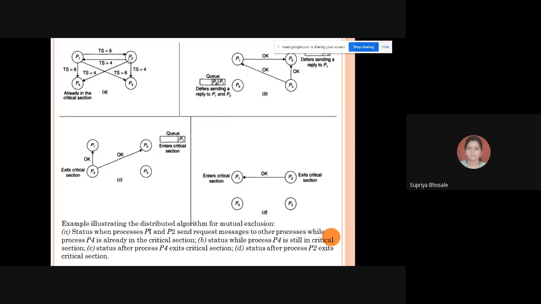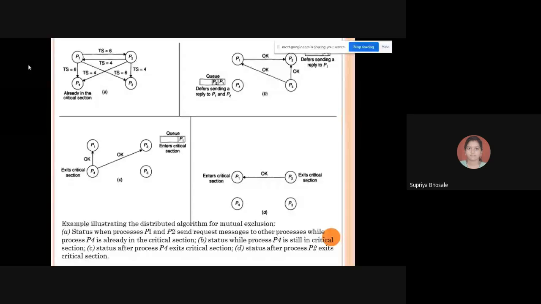So to get the permission from other processes, P1 and P2 will send the request message with the timestamp 6 and 4 respectively, which is shown in the figure over here. तर या ठिकाणी कंडिशन मी काय दिलेली आहे की P4 ऑलरेडी क्रिटिकल सेक्शन मध्ये आहे आणि P1 विथ टाइमस्टॅम्प ऑफ 6 आणि P2 विथ टाइमस्टॅम्प ऑफ 4 या दोघांनाही क्रिटिकल सेक्शन मध्ये जायचं आहे. P3 ला कुठल्याही क्रिटिकल सेक्शन मध्ये सध्या तरी जायचं नाहीये.